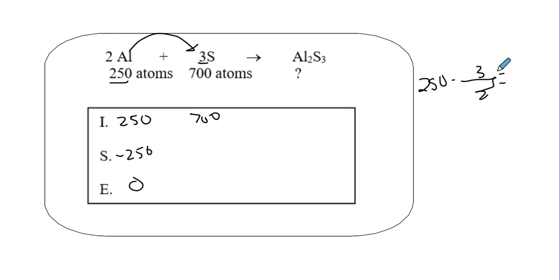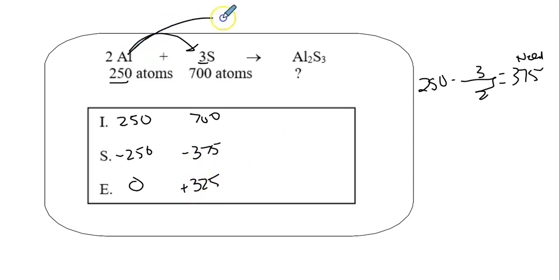Well, 250 times 3 is 750, so if you divide by 2, that's 375. Oh, I picked wisely, I believe. 375. Now remember, that's the reactant that I need. Minus 375, which means I have 325 left over.